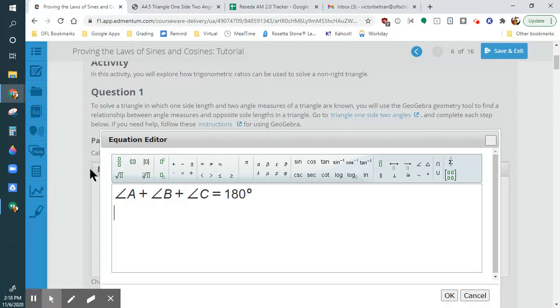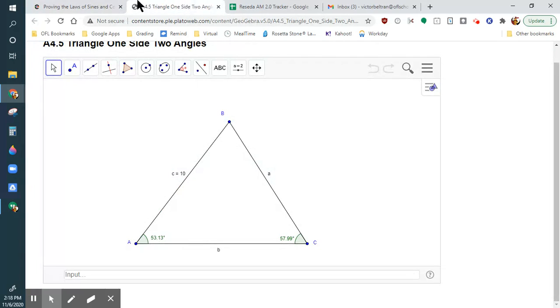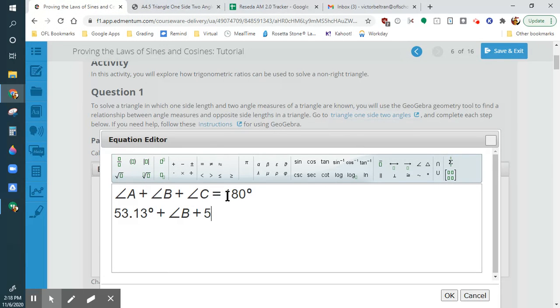So angle A, we're going to replace it with 53.13 degrees. We're going to add our angle B because that's what we're solving for. And we're also going to add 57.99 degrees. This is equal to 180 degrees.